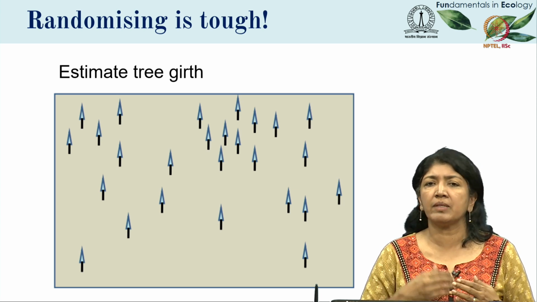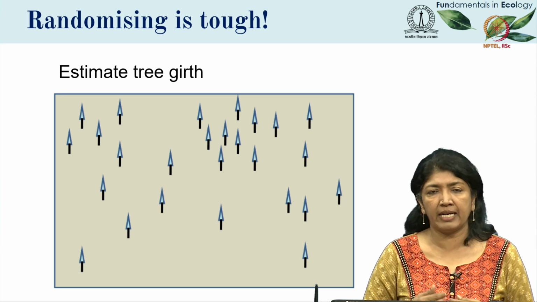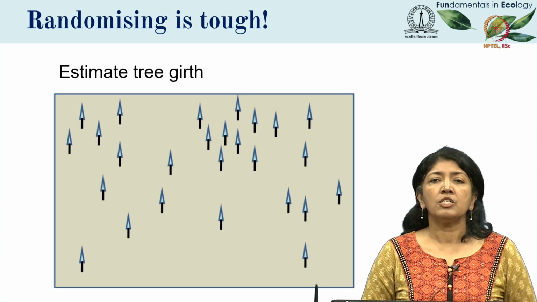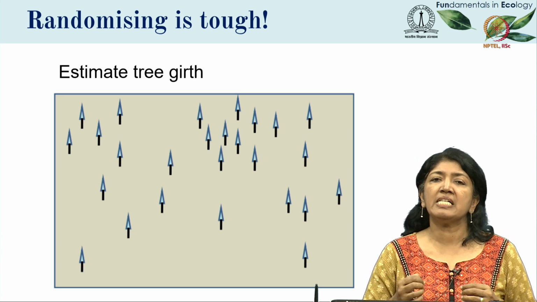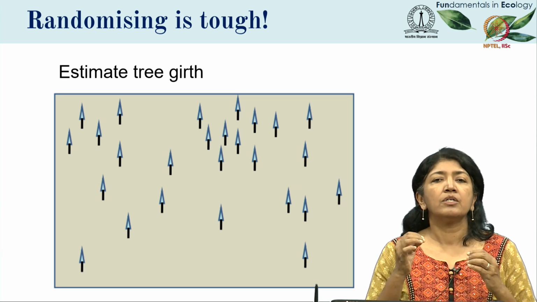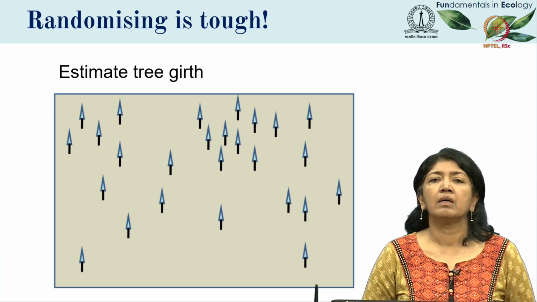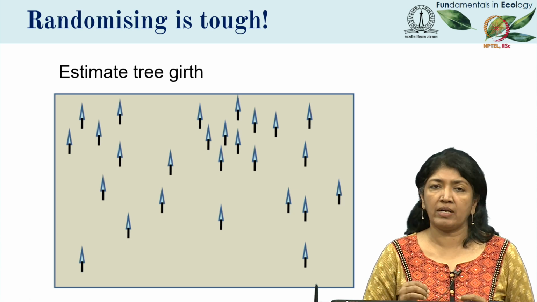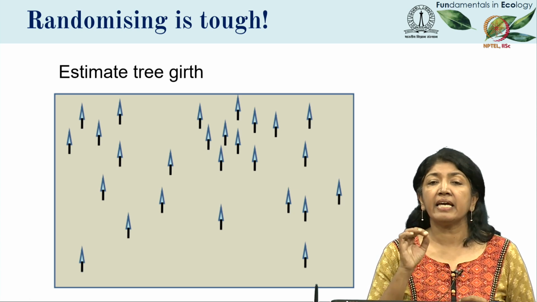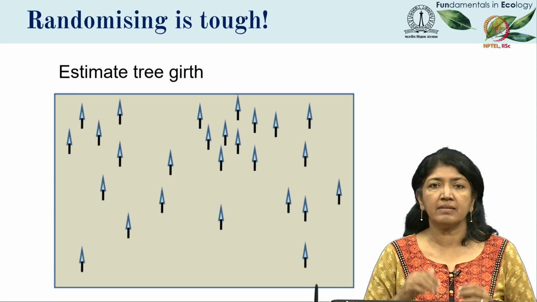This might help me with biomass measures and so on later on. So, now I want to select individuals at random to measure. Remember, selecting at random means every tree in this forest of this species has an equal chance of being selected.